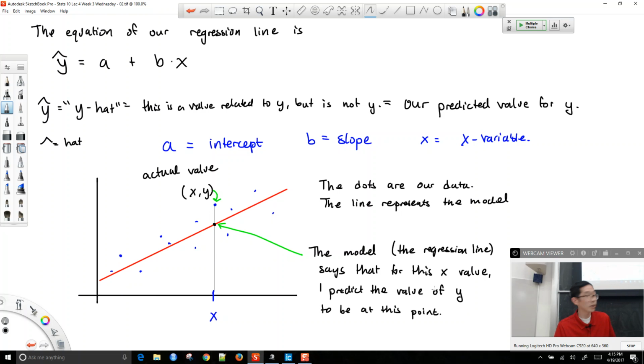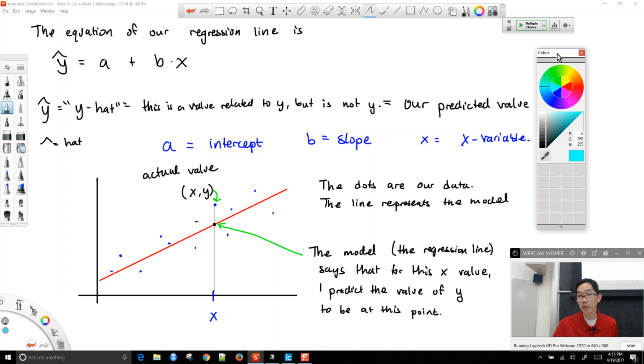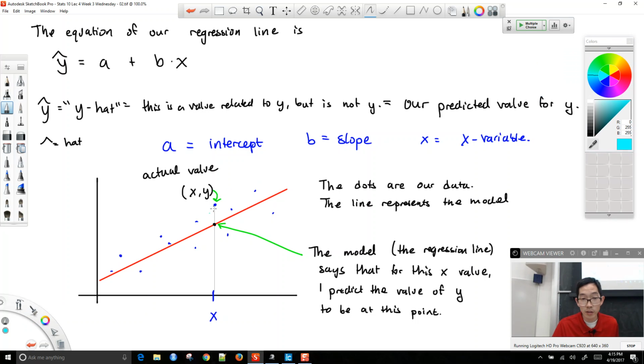Okay. So there's a discrepancy between my prediction and the actual value. Okay, so that discrepancy we call a residual. So I'm going to draw a little. Okay, so the difference between the actual value and what we predicted, this is the residual.